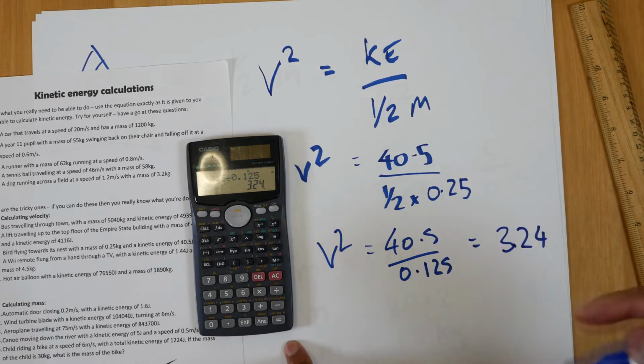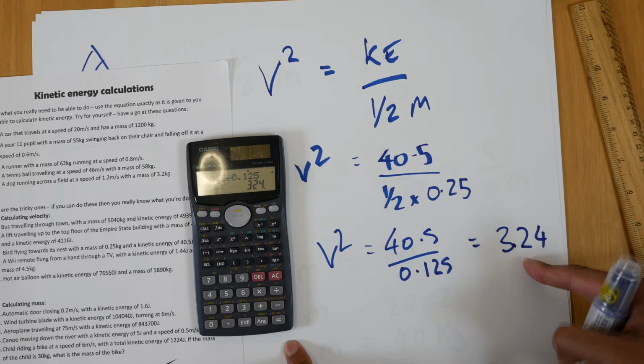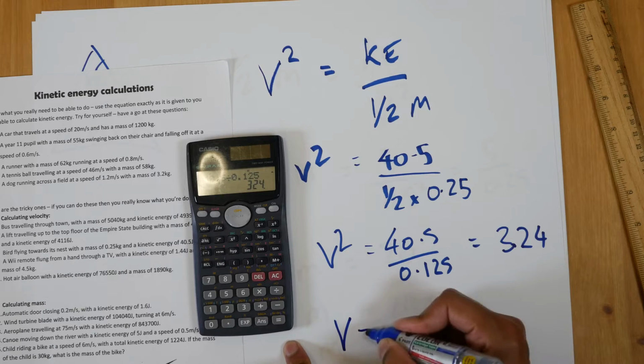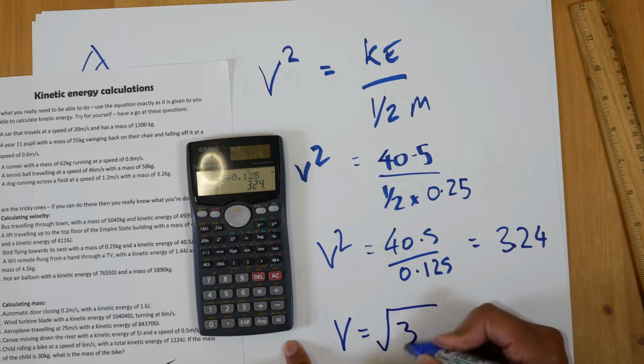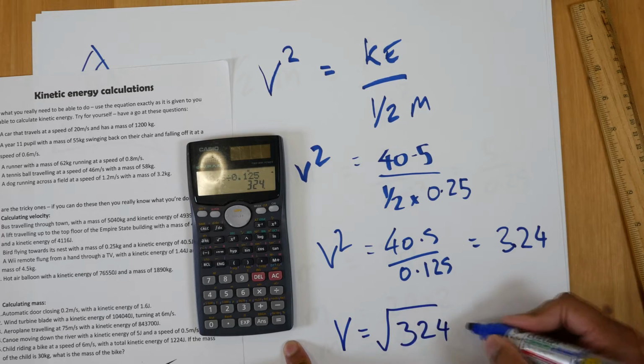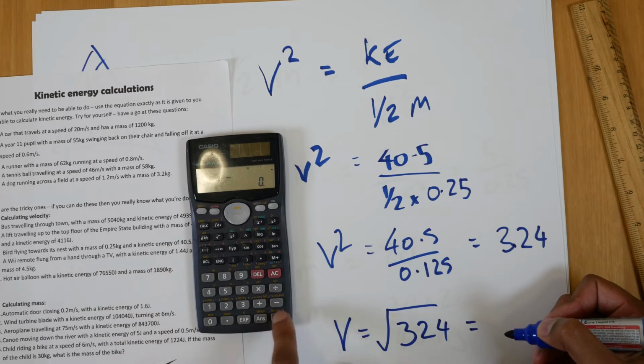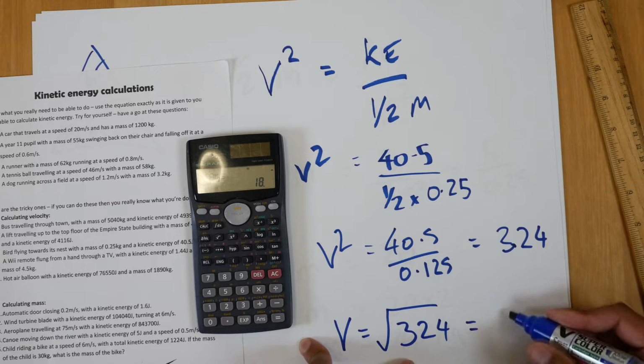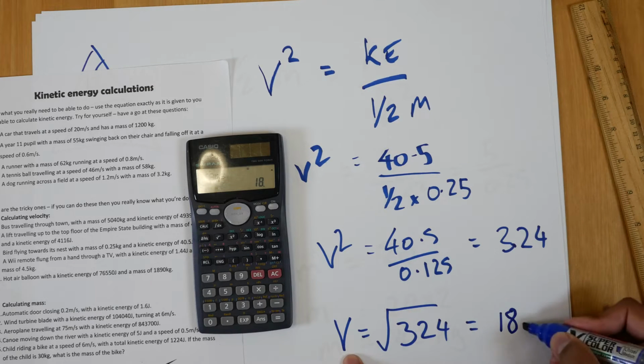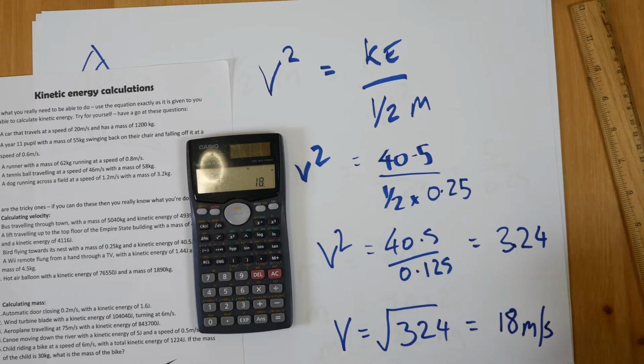So what we've got to do is square root that to get v. So we write it like this. V equals the square root of 324. Now, what you do is this, and it gives us an answer of 18, and because it's velocity, it's meters per second. Dead easy, okay?